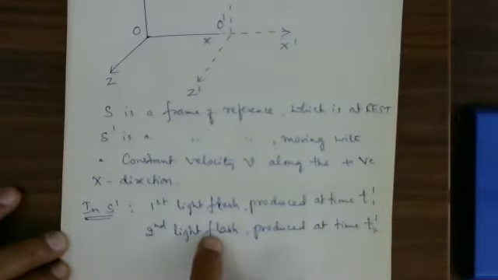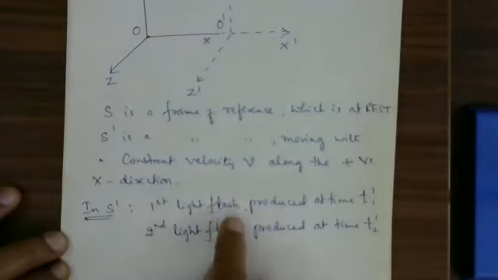Between this flash of light and this flash of light, there is a time difference. There is a time interval from one flash of light to another flash of light.